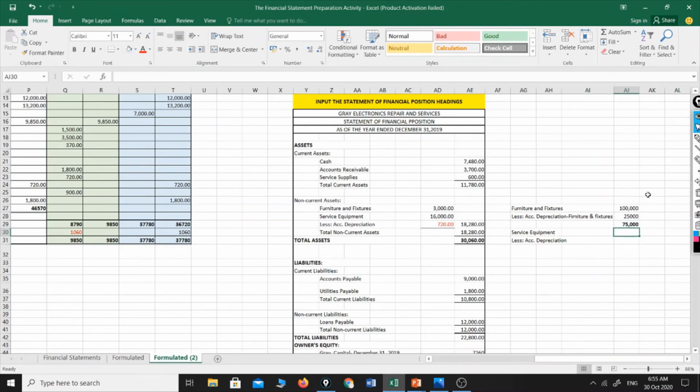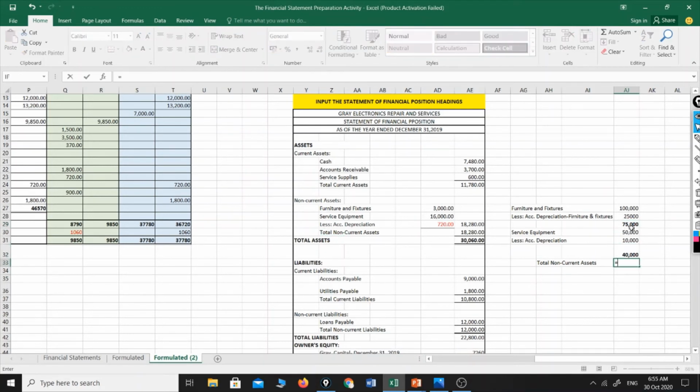For example, we have 50,000, and its related accumulated depreciation is 10,000. So our net amount for the service equipment is 40,000. Then you total the non-current asset: 75,000 plus 40,000.